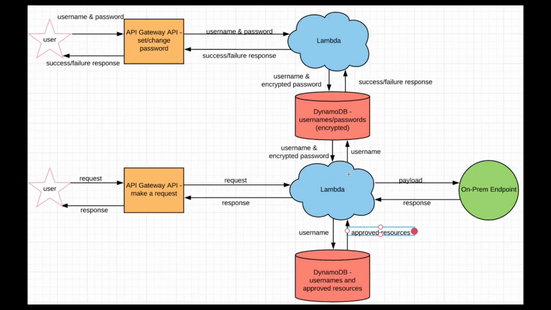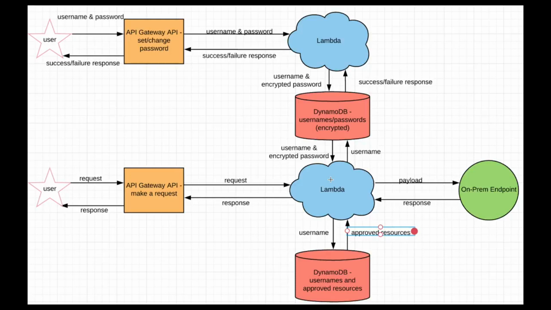It then extracts the record from this encrypted DynamoDB table with the proper username, and it sends back the username and the encrypted password that user has, and it then decrypts that password and checks if it's the same as the password received in the request. If it's not, then the request is rejected.